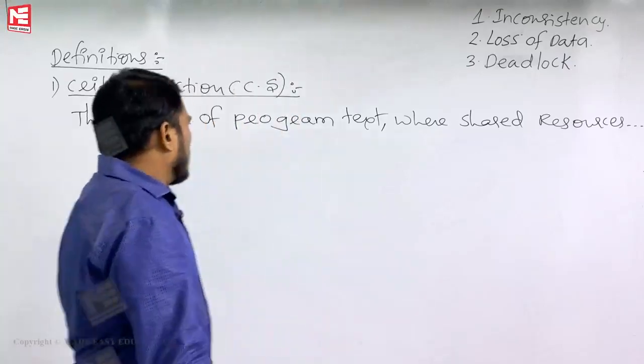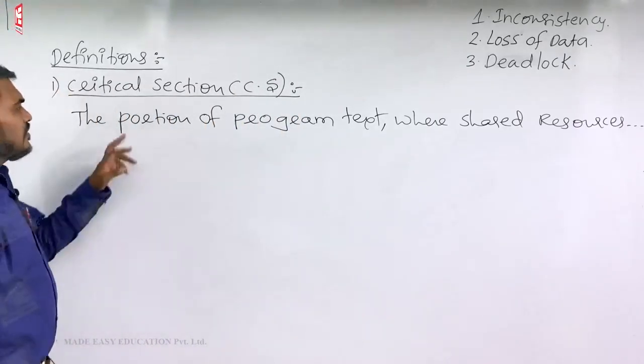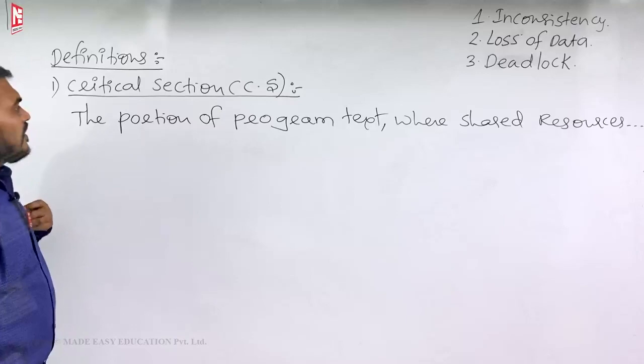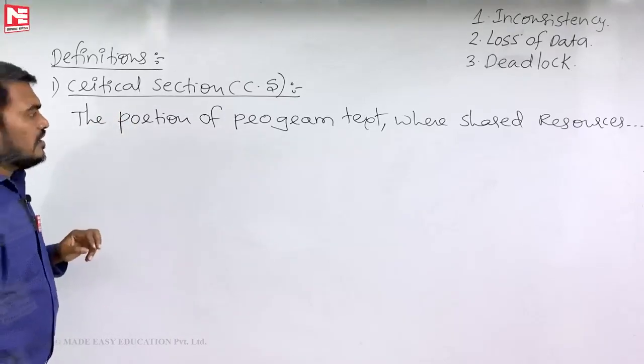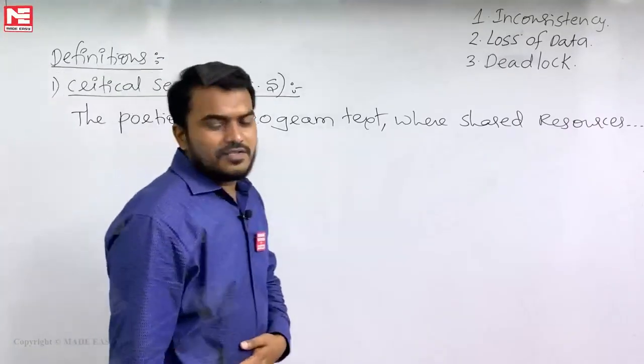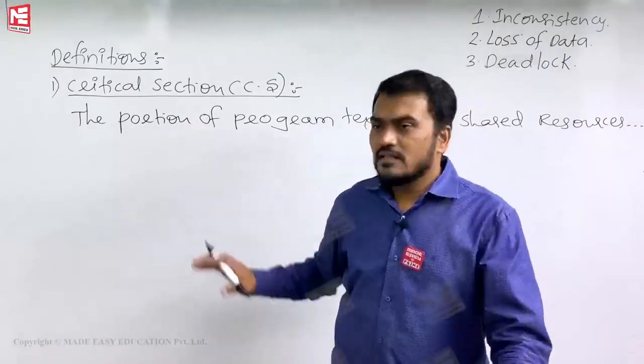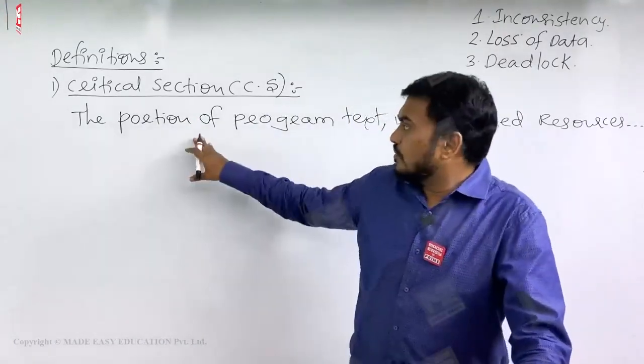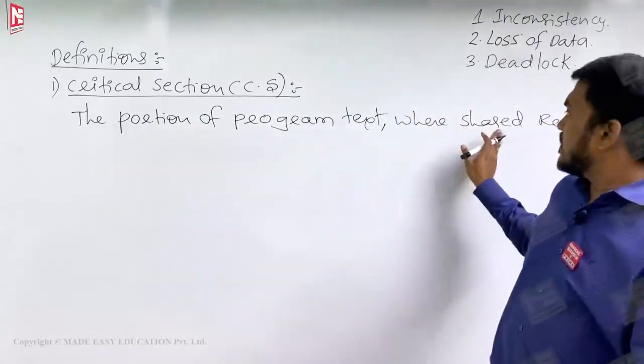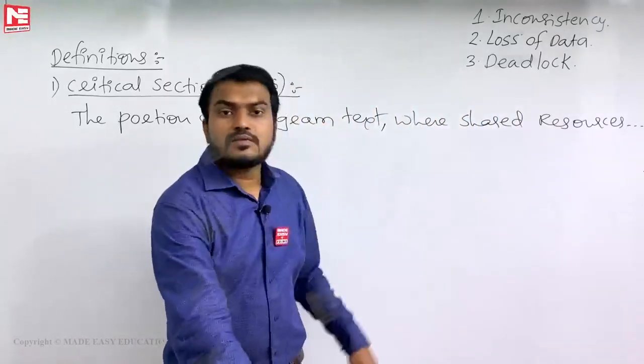So understand here, going forward I will use the term called critical section. Whenever I say critical section, listen here, you need to understand it as the portion of program text where shared variables or shared resources are placed.